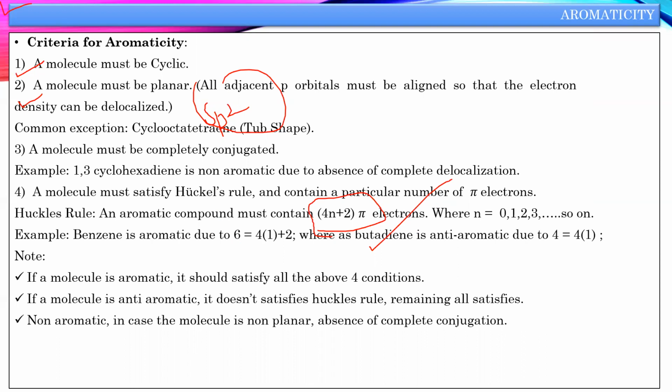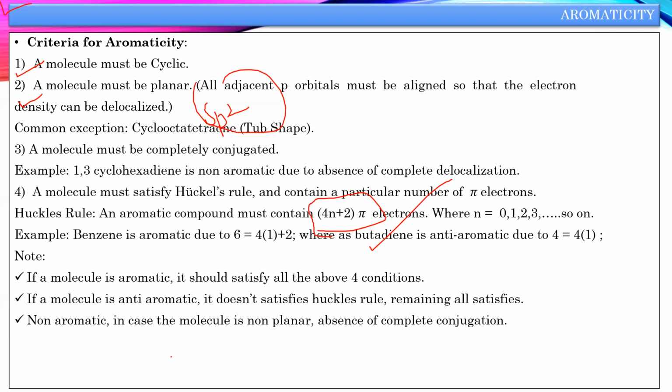If the molecule is aromatic, all the above conditions must be satisfied. If the molecule is anti-aromatic, it satisfies the other rules, complete conjugation and planarity, but it doesn't satisfy Huckel's rule.